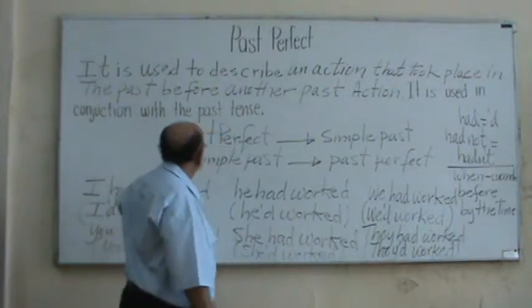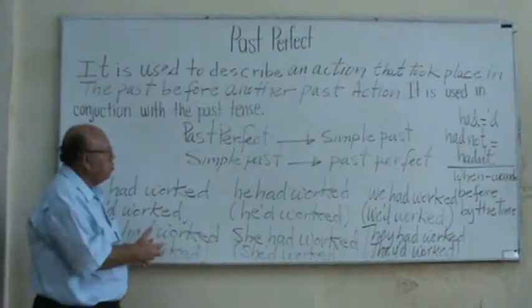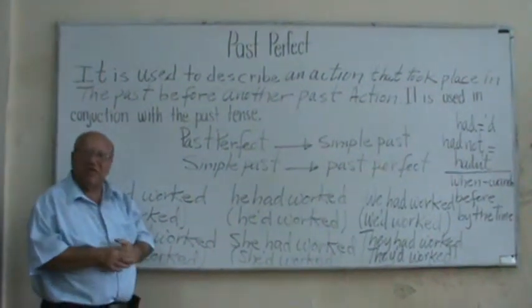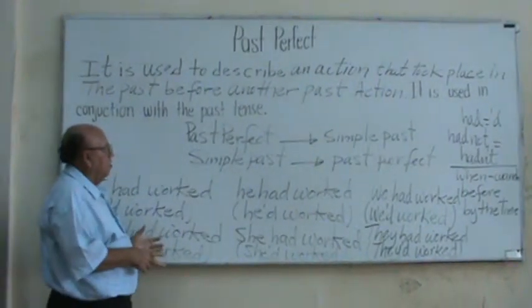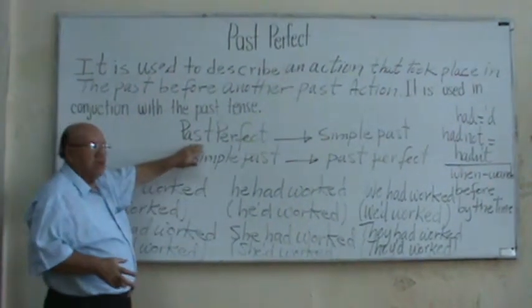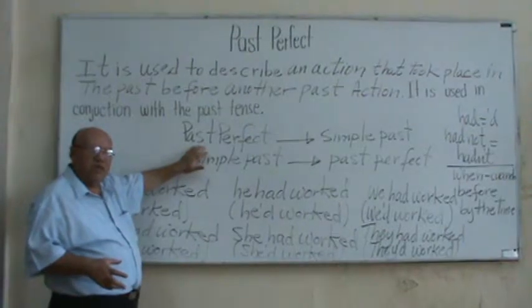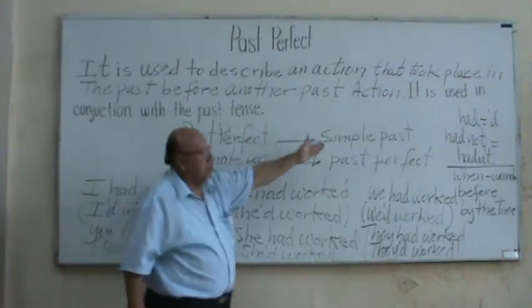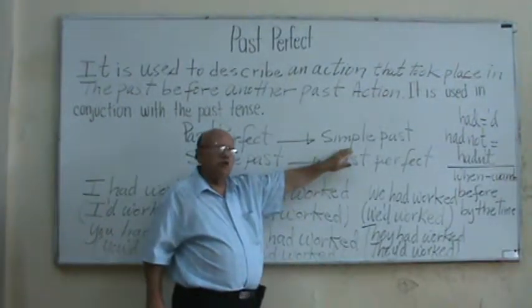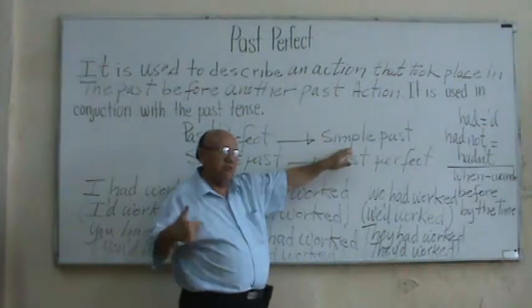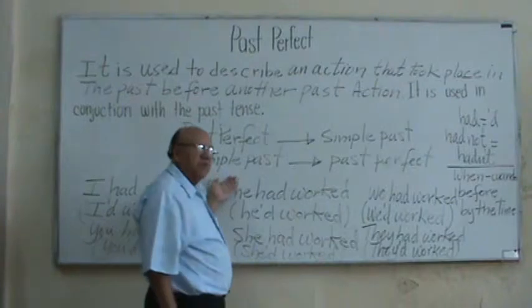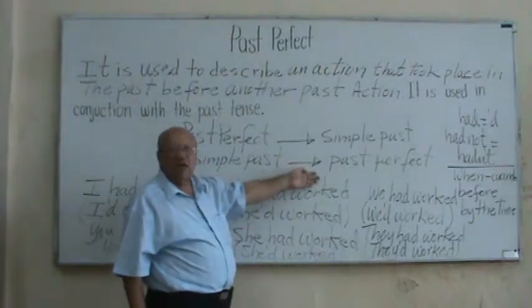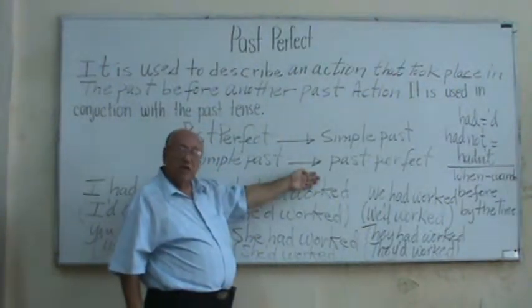Se usa en conjunto con el pasado simple. Esto quiere decir que la oración va a estar en past perfect y la otra en simple past. O on the contrary, al contrario, puede estar la primera oración en simple past y la segunda en past perfect.